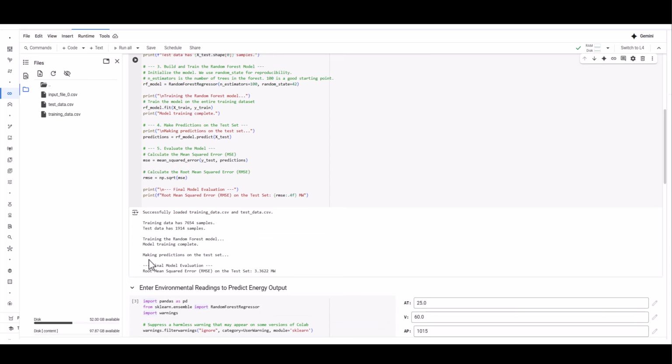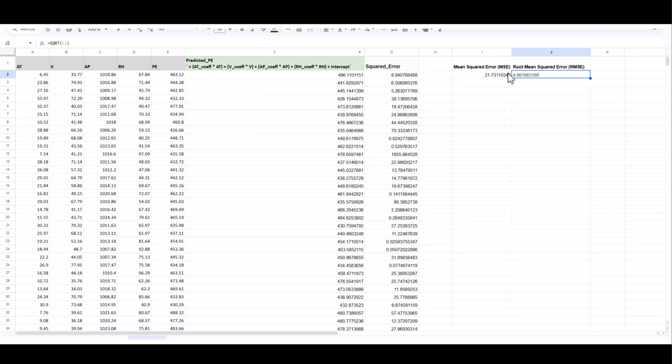So finally, I found that the root mean square error for the random forest model was about 3.36, whereas the root mean square error for the linear regression model was 4.66.